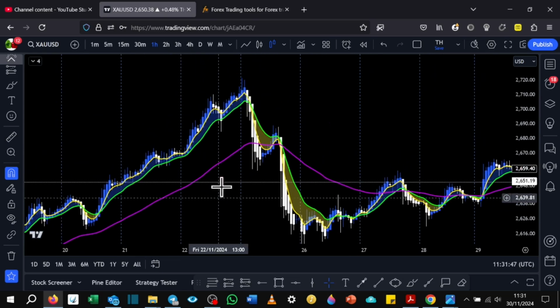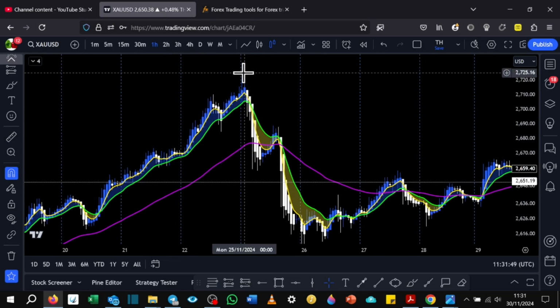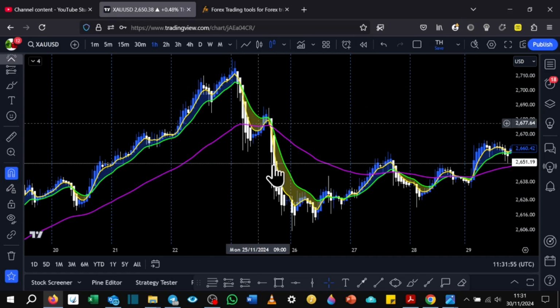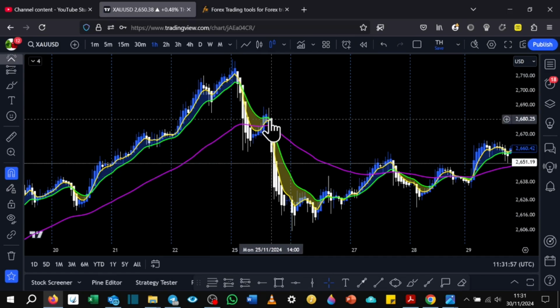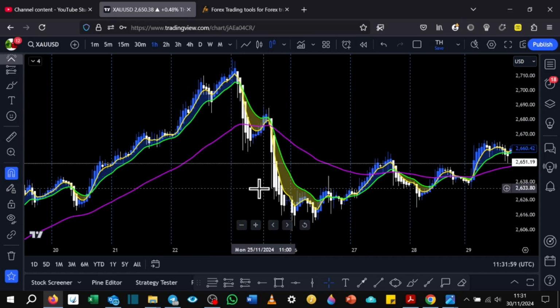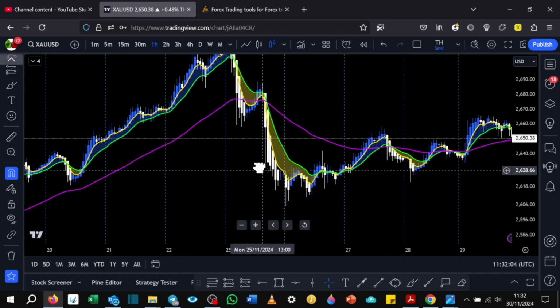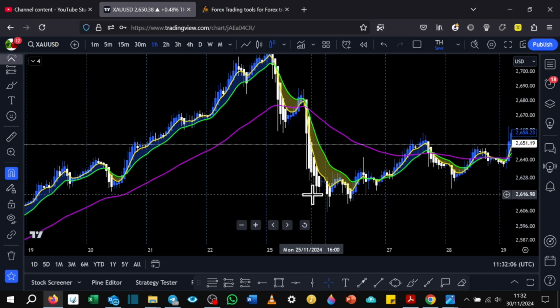Okay, so from the top here, we have dropped a lot of pips. The market has literally just fallen off the edge, and there's a lot of imbalance above that needs to be filled, and we just can't go bearish forever.